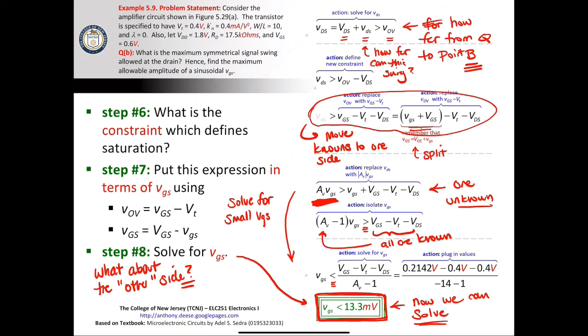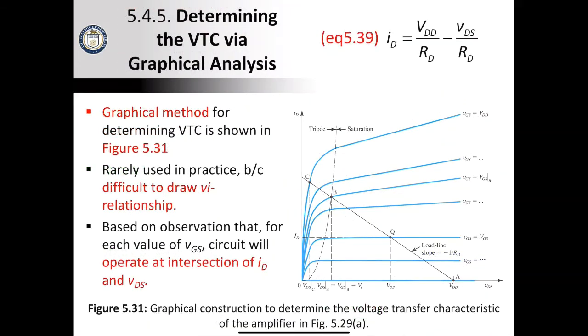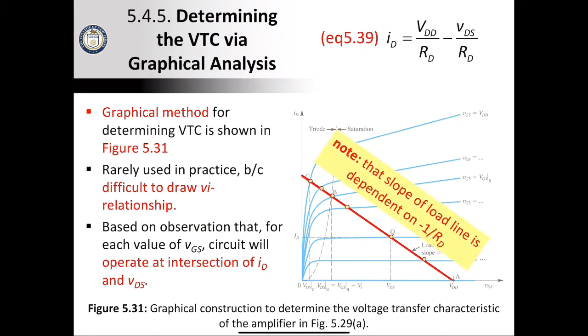So the distance between them is 200 millivolts. So as you can see, the swing on the left-hand side is a lot bigger. You have plenty of room on the left-hand side. So the maximum symmetrical swing is determined by the distance between Q and B, which is 13.3 millivolts. And so that tells you the absolute maximum of how big your swing can be.